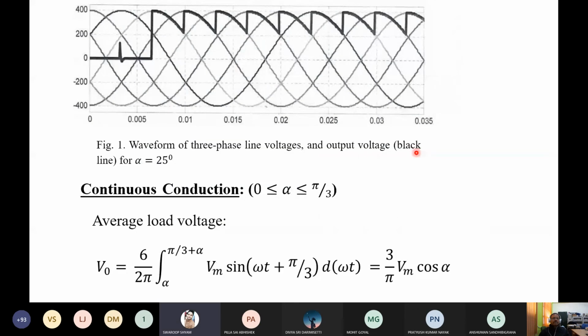Sir, about this continuous and discontinuous conduction, means when our alpha is less than 30, it is continuous, and greater than 30, it is discontinuous. In case of line voltages, it is greater than 60 degree.